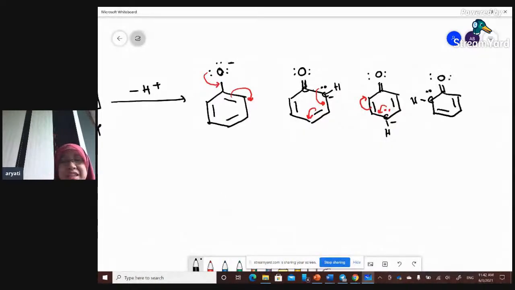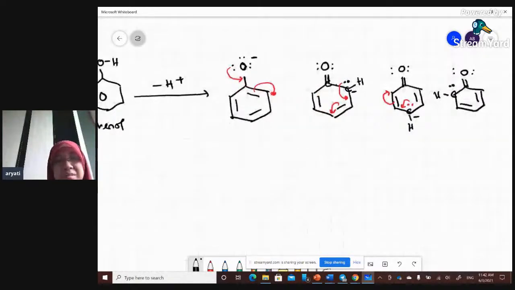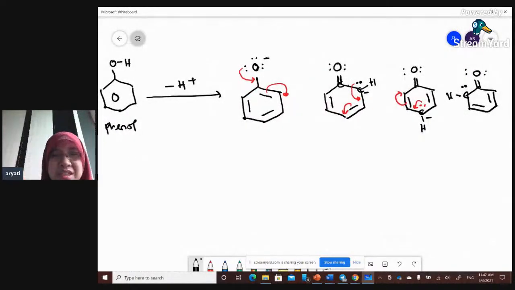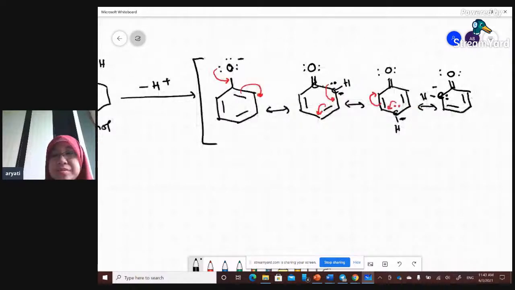Kalau saya kata adakah oksigen bercas negatif, dia dah pindah pada this carbon. So maksudnya negative charge pada oksigen tu tak fix. Dia can be delocalized. So this 4 structure is resonance to each other. So resonance mesti represent dengan double headed arrow dan kamu kena buat bracket.